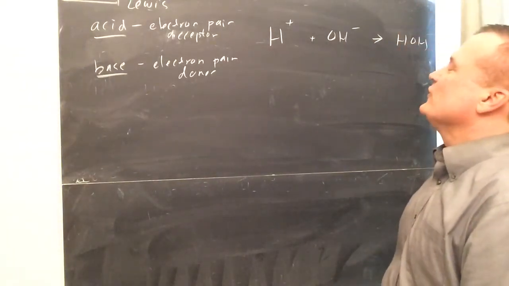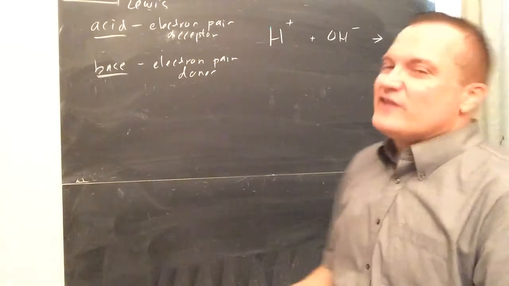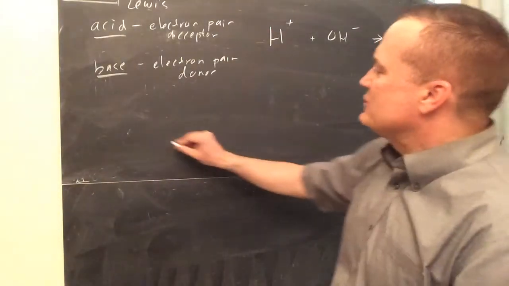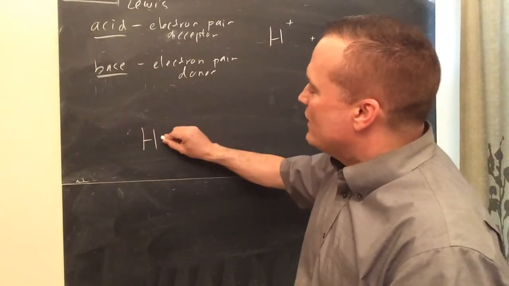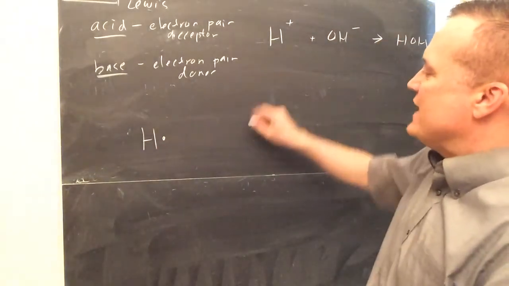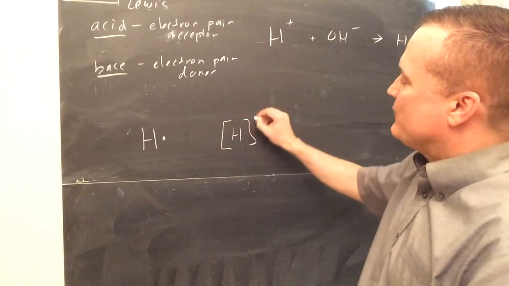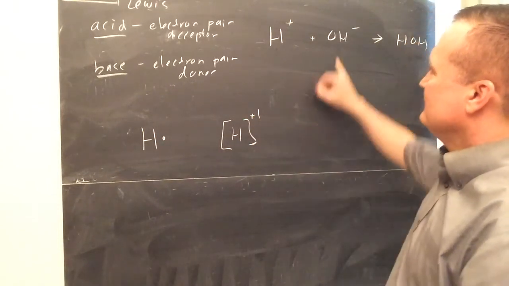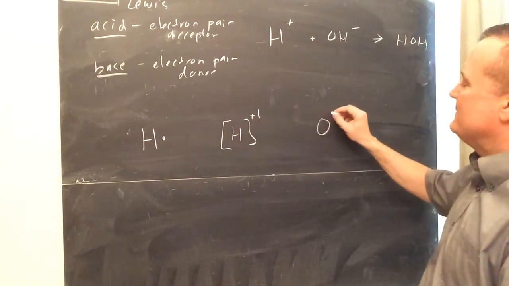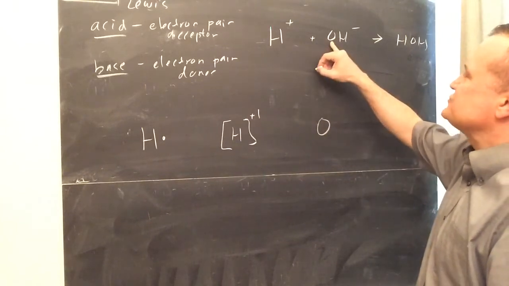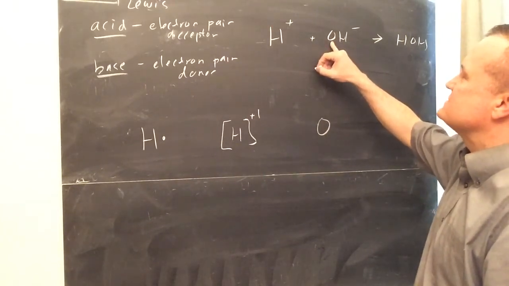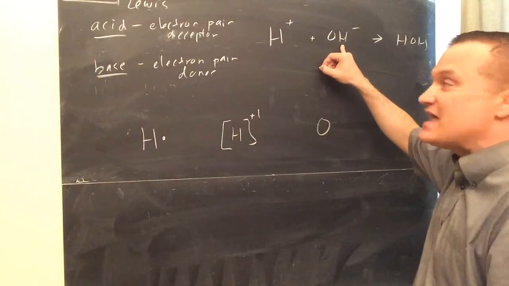Okay, well, for Lewis, here's what you do. You have to draw the Lewis dot diagram. Can you remember how to draw the Lewis dot diagram for hydrogen? You put one dot. But if I want to draw H plus, I'm going to have to take away that dot, put the H, and put brackets around it, plus 1. Hydroxide Lewis dot diagram: oxygen has 6 valence electrons, hydrogen has 1. 6 plus 1 is 7.